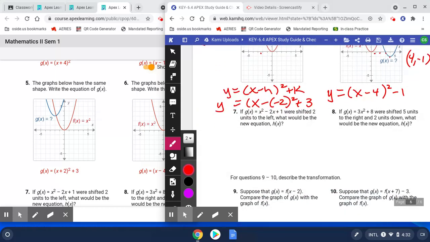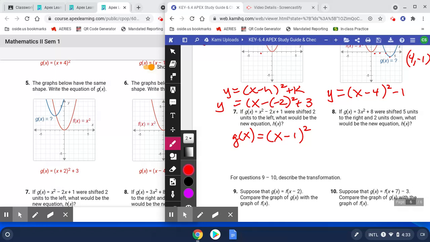If g of x equals this, we're shifted 2 units to the left. What would be the new equation h of x? So this one I'm going to turn into factored form, the x minus 1 squared factors for the x squared minus 2x plus 1.